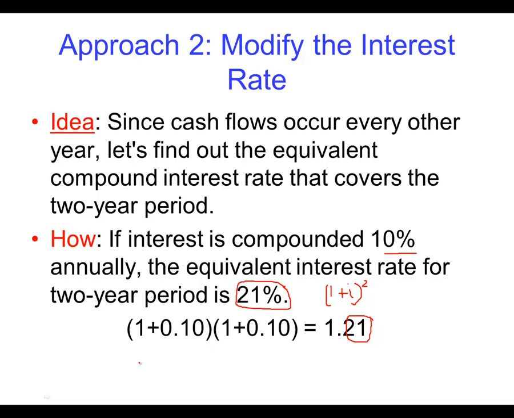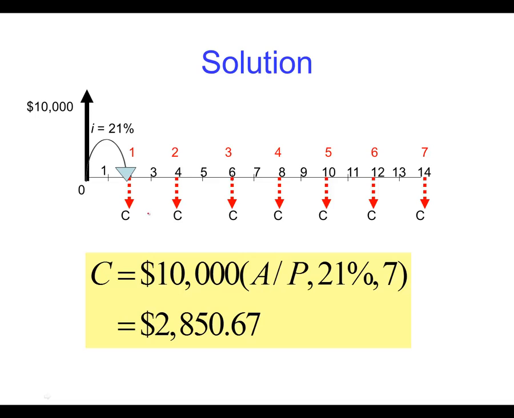Knowing that, I can go back to my actual question, and instead of having to skip, I will assume that this is 1 period, 2, 3, 4, 5, 6, and 7. Then I have 7 periods. It doesn't matter that this period is 2 years. They are equal periods, so I have 7 equal periods that I can use.